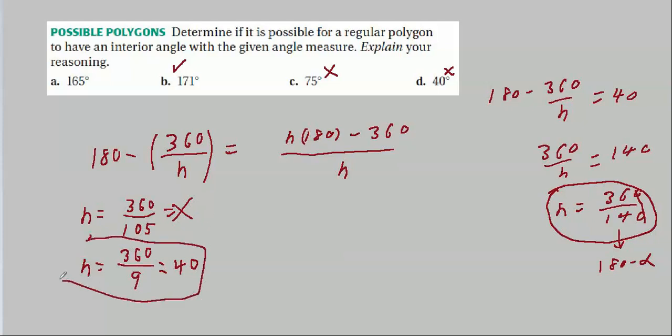This is for B. This was for C. And this, of course, was for A. We got A. Well, that's not right. That's D. Obviously, I'm doing them backwards. This is B. Now let's check A. What's 180 minus 165? 15, right?